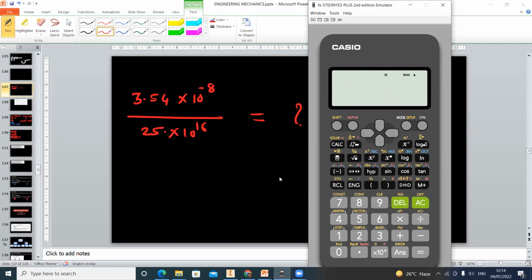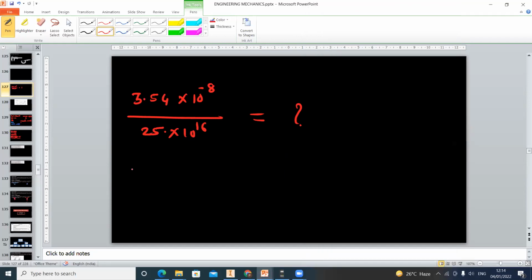So next is the equations. This will be a linear polynomial, quadratic equation, or the cubic equation. First we will see the quadratic equation.